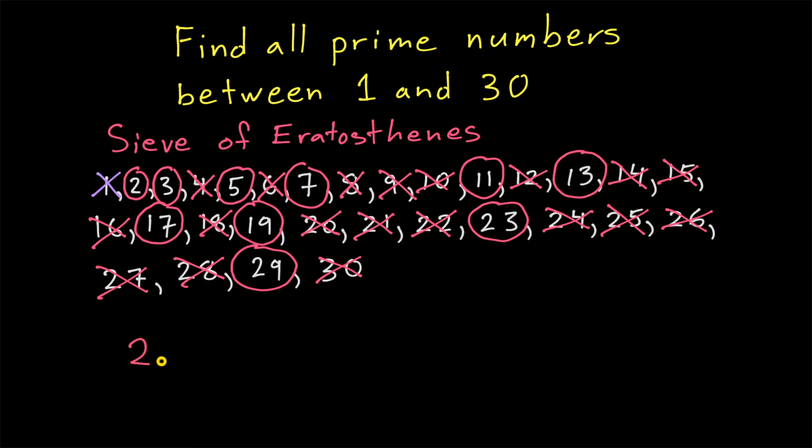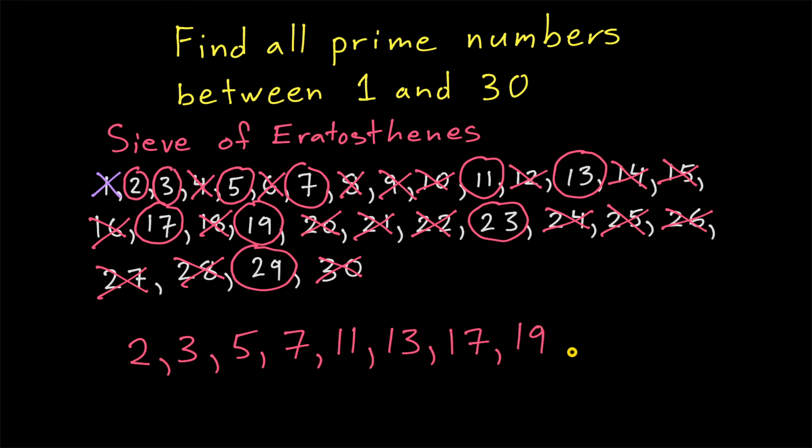So 2 is prime, 3 is prime, 5 is prime, 7 is prime, 11 is prime, 13 is prime, 17 is prime, 19 is prime, 23 is prime, and 29 is prime. And so here are your first 10 prime numbers.